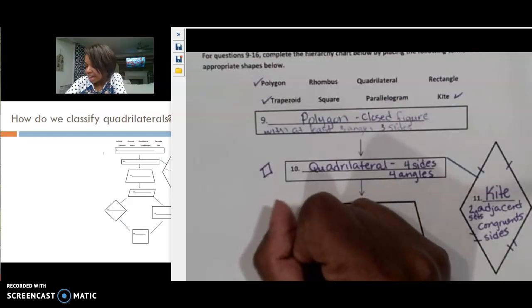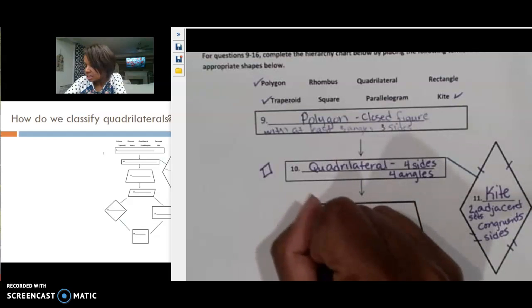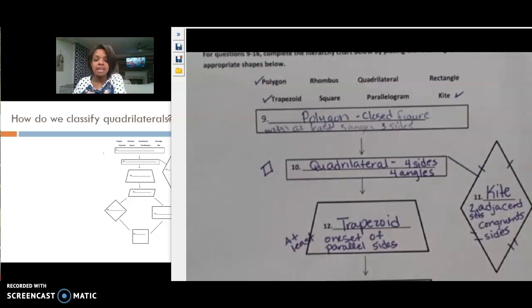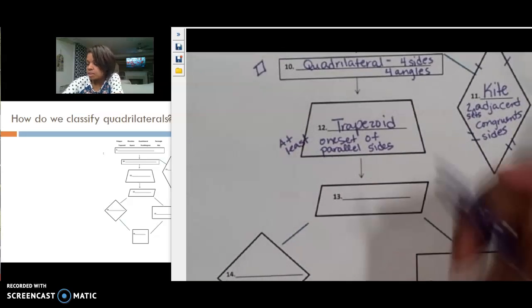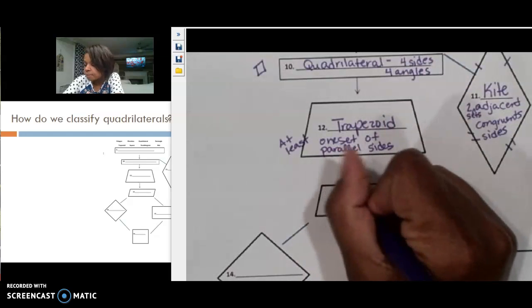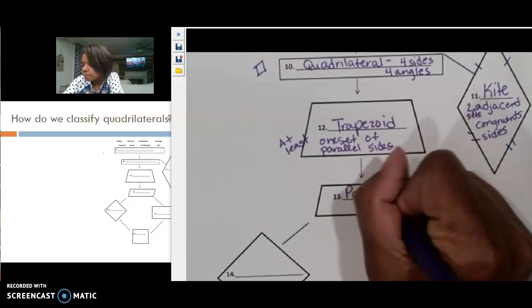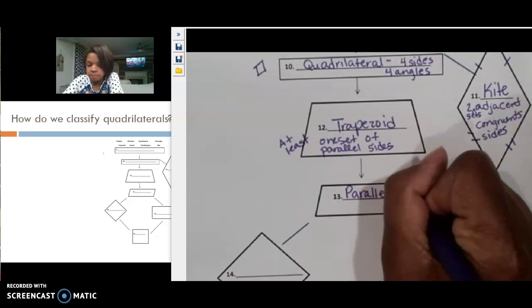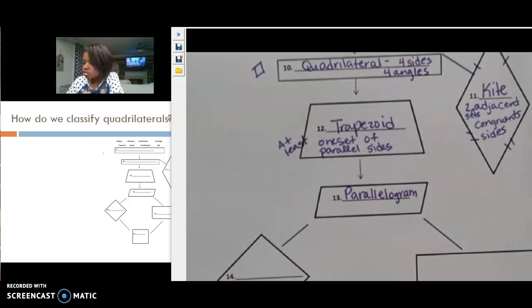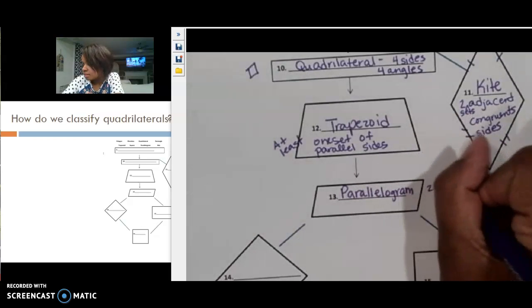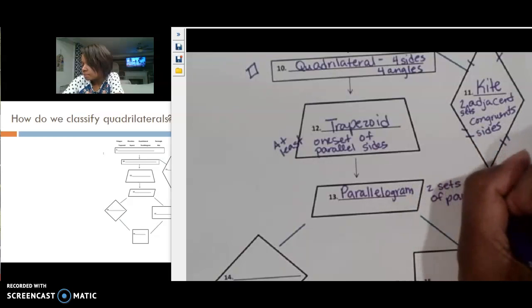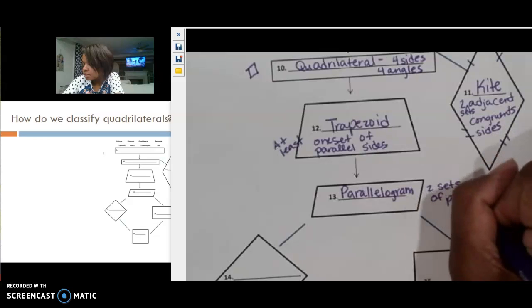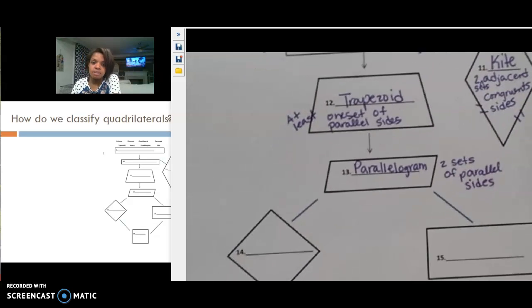So I should say at least one set of parallel sides. Okay? All right, so that brings me to the next one: two sets of parallel sides is a parallelogram. All right, so two sets of parallel sides, okay, that are opposite of each other.